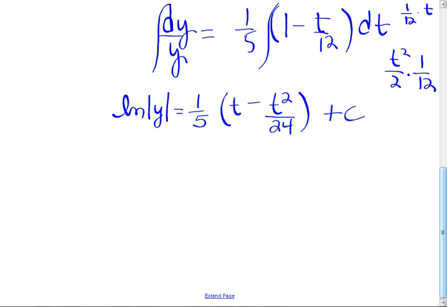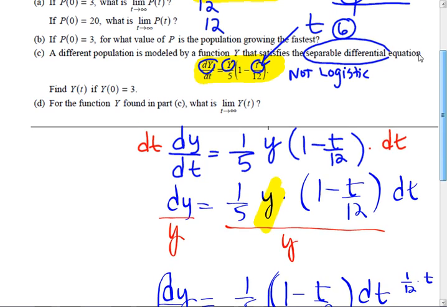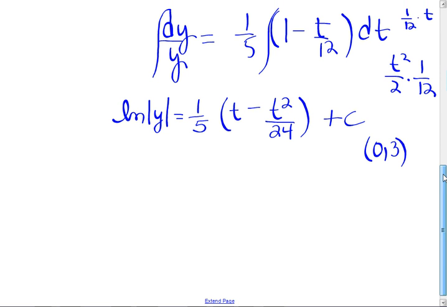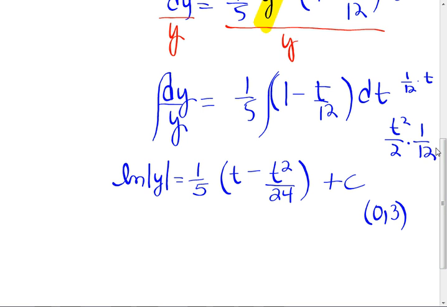It goes through 0, 3, right? Antiderivative of 1 with respect to t is just t. Then this is 1/12 times t. So you ignore the 1/12. What's the antiderivative of t? t squared over 2.